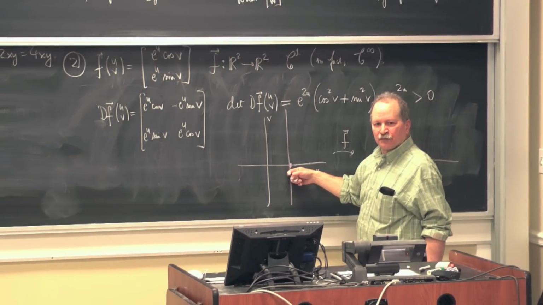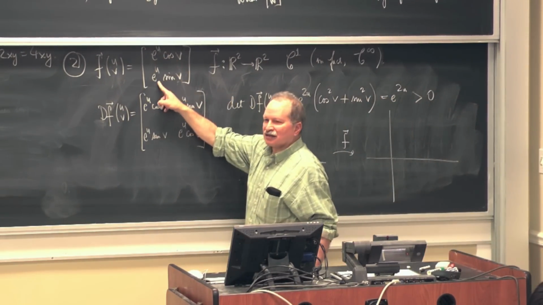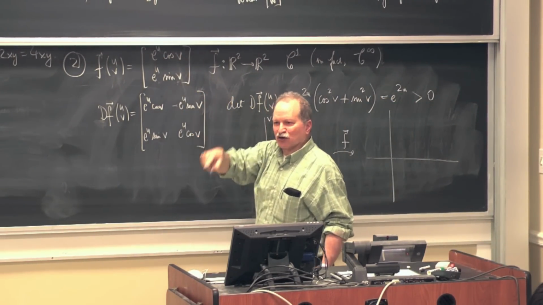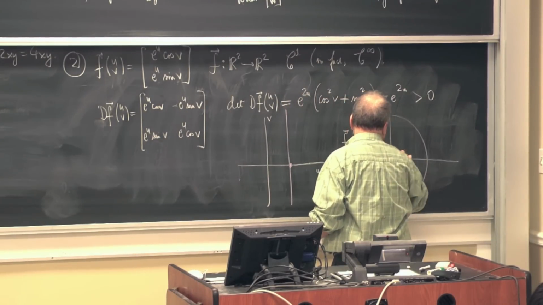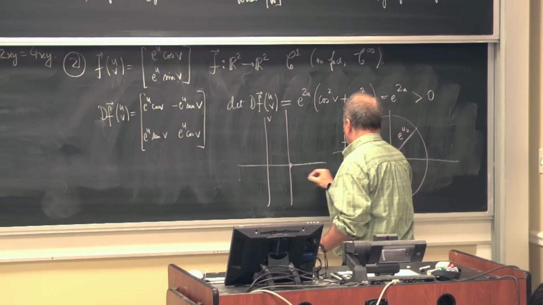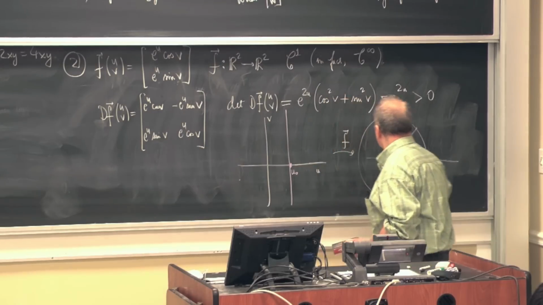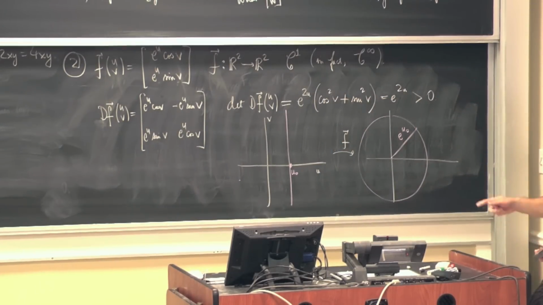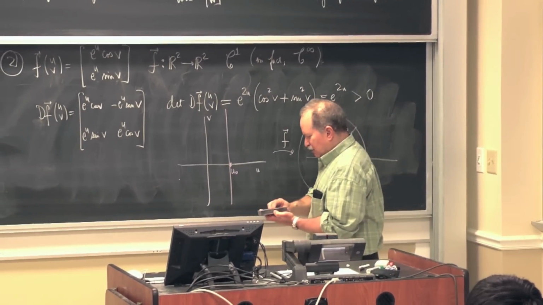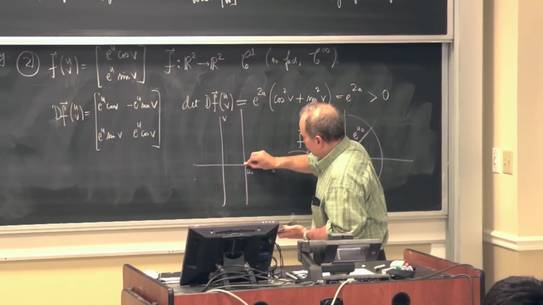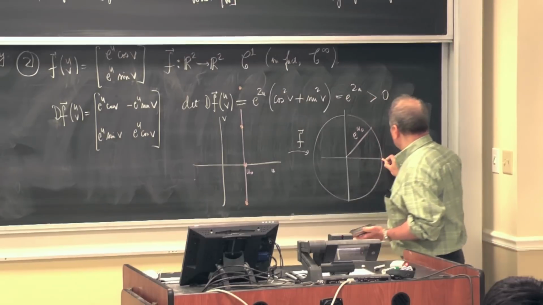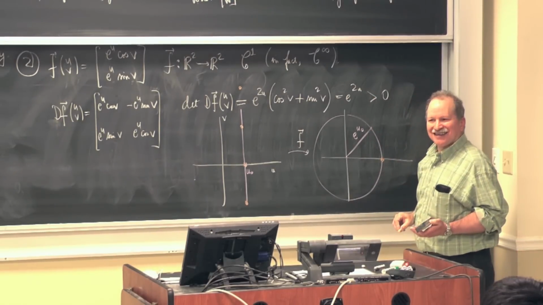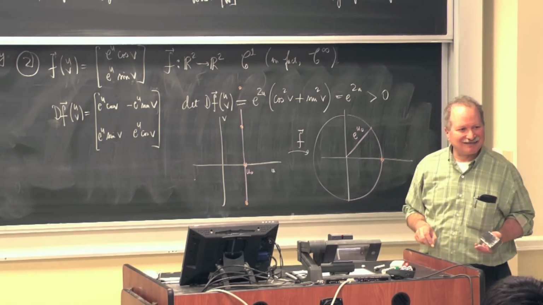Fix u, so e to the u is fixed, and then you just go whirling around a circle with radius e to the u. What happens as v goes in multiples of 2 pi? Same value. Keeps hitting the same point, right? Definitely not one-to-one.